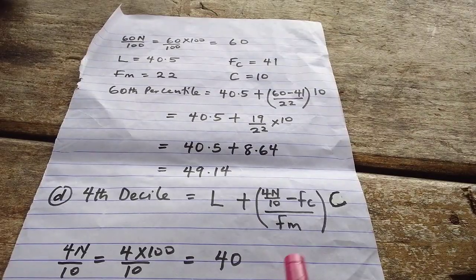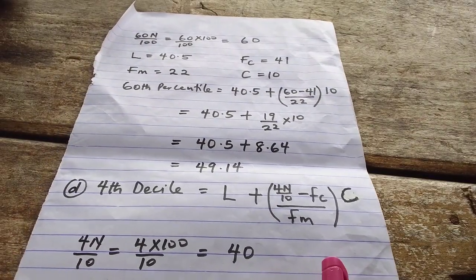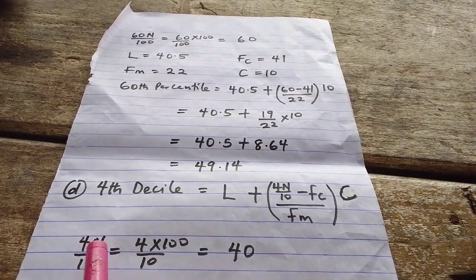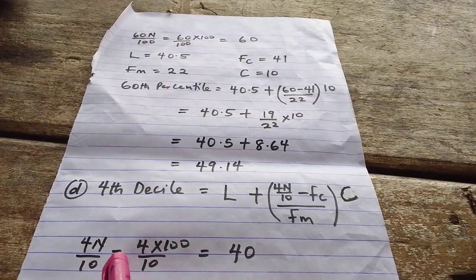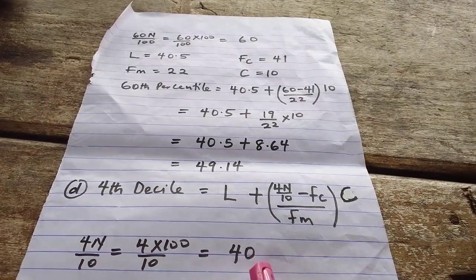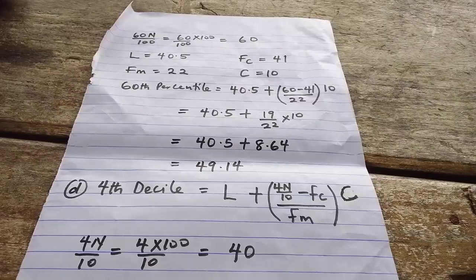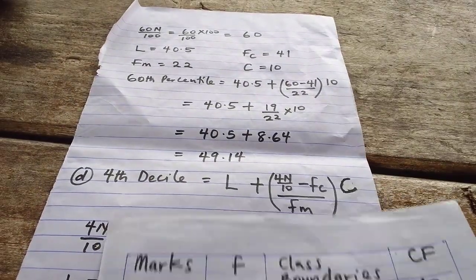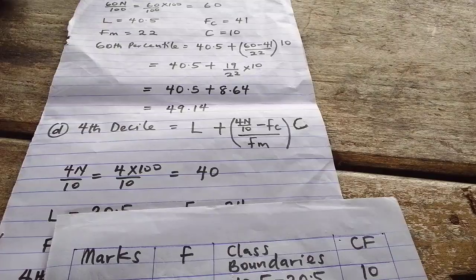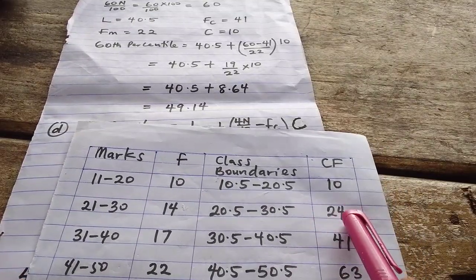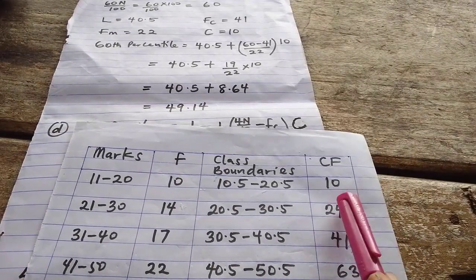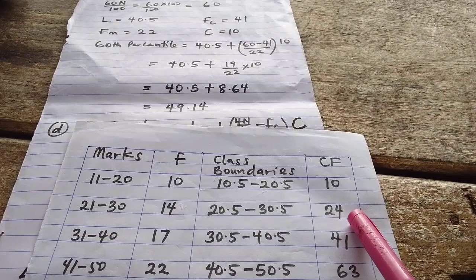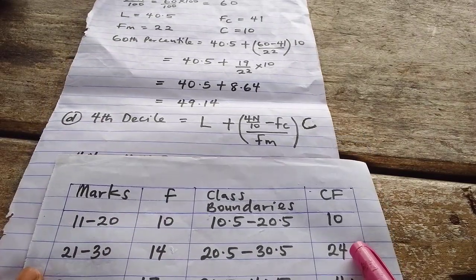So now, first of all, you need to get the position of the fourth decile. It will be 4n/10, which is 4 times 100/10, which is 40. You are now going to come to this table to get the lower class boundary of that 40. So realize that this 24, come to the cumulative frequency. 24 is more than 40?